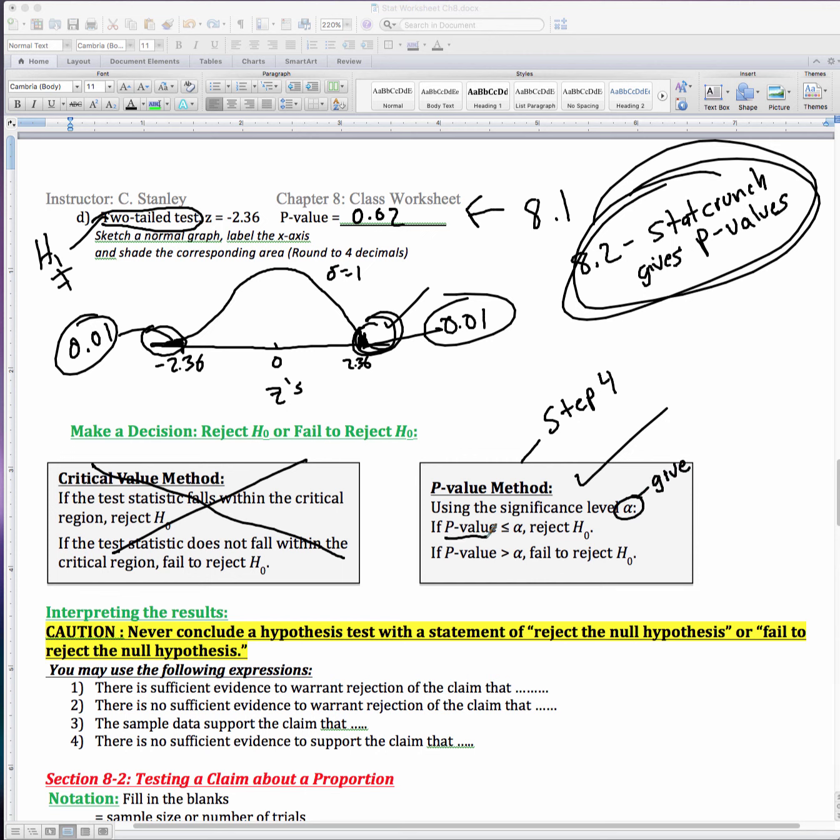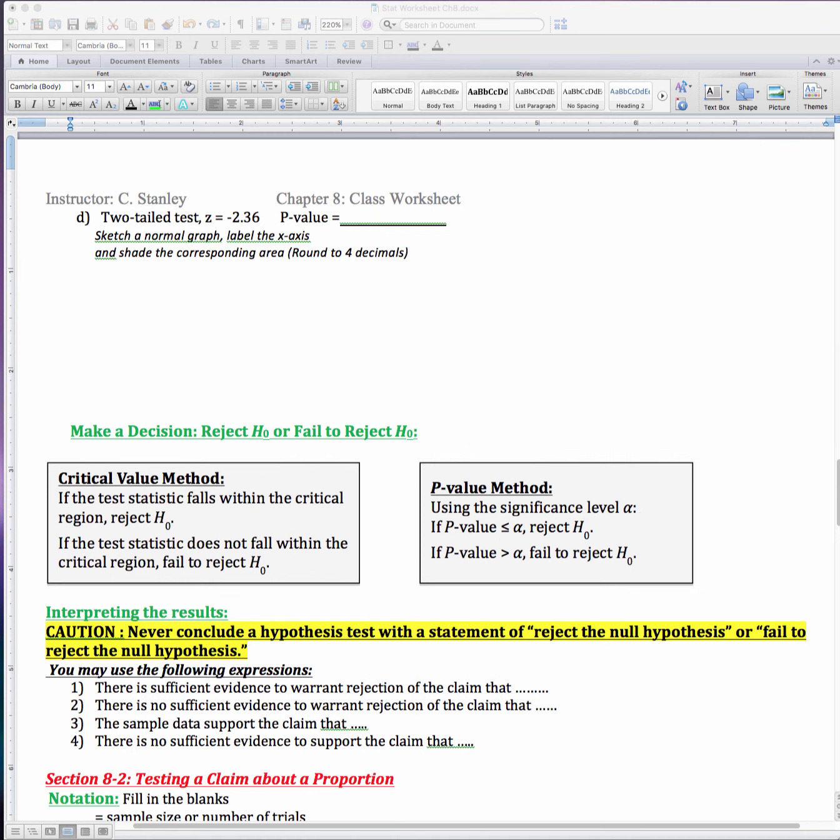You compare your p-value to alpha. If it's less than alpha, your initial assumption is rejected. If it's greater than alpha, then your original assumption is not rejected. Okay? You need to really study that. And there's a little saying that might help you.